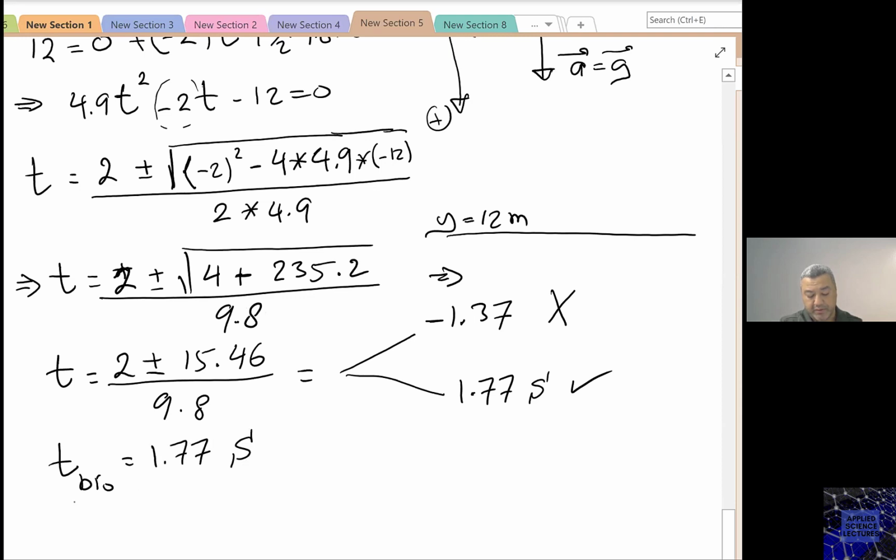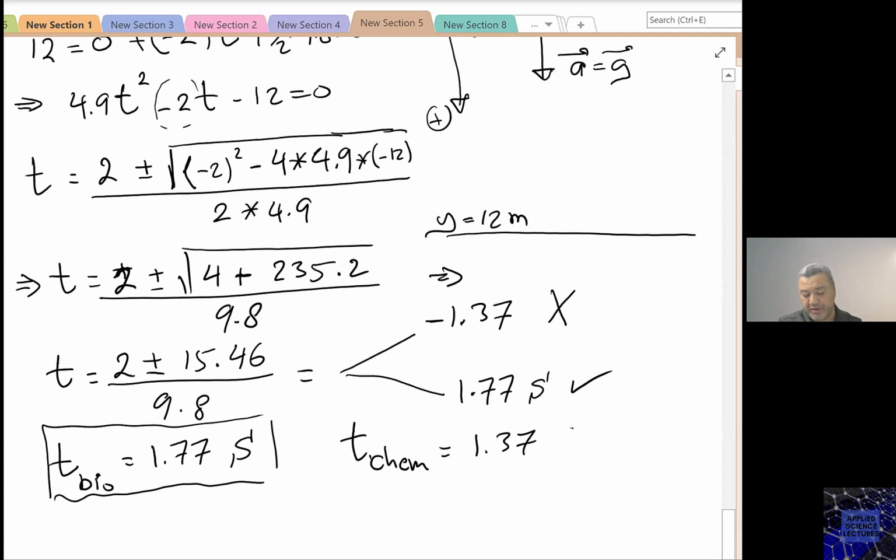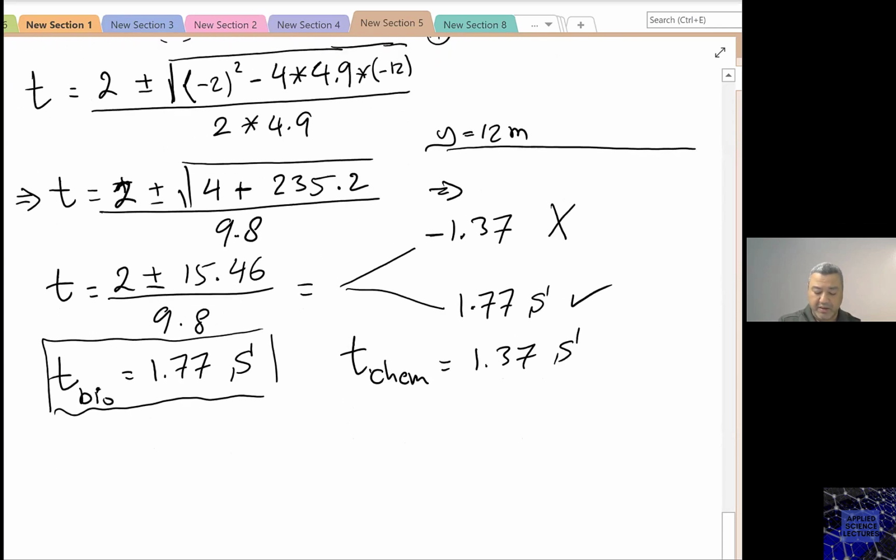Just to clarify, is this the same question we did last class? Yes, this is the second part of question A in that example. So this is for the biology book. We did the chemistry book, and we found that the time the chemistry book took was 1.37 seconds.